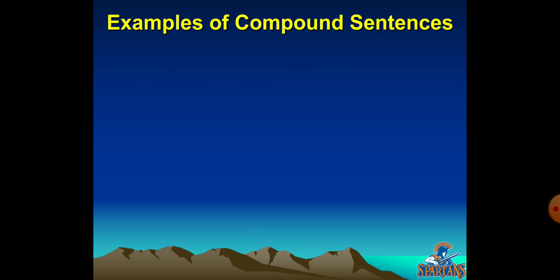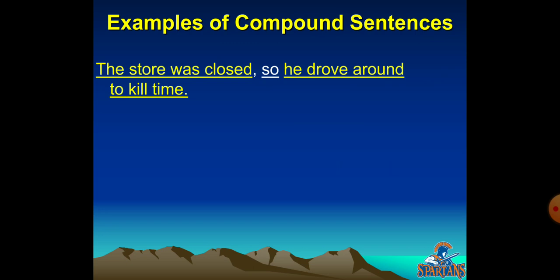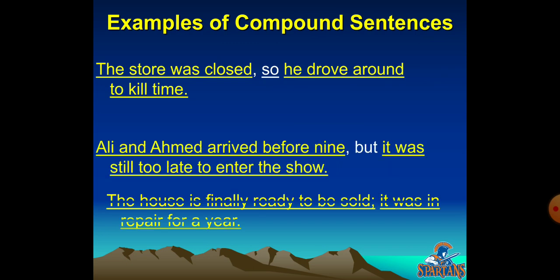Examples of compound sentence. The 3 sentences here are examples of compound sentence. As you can see it, the first sentence, there are 2 independent clauses joined by the coordinating conjunction so. In the second sentence, there are again 2 independent clauses joined by the conjunction but.